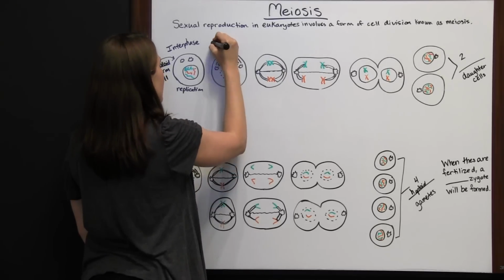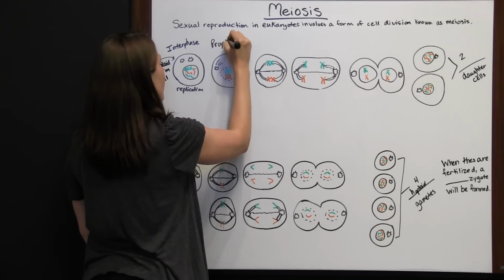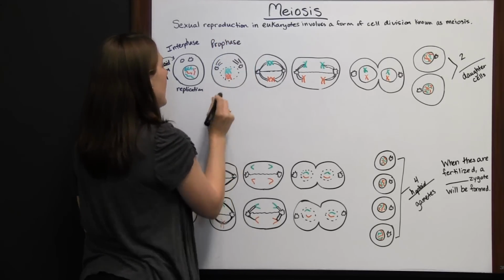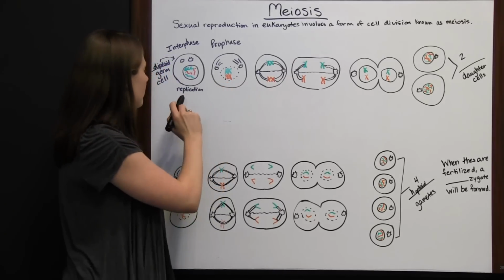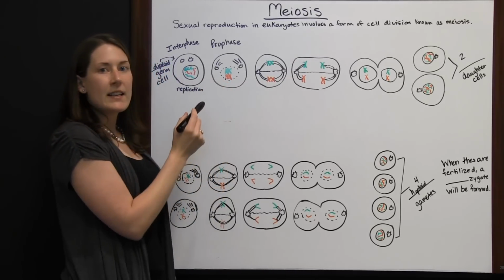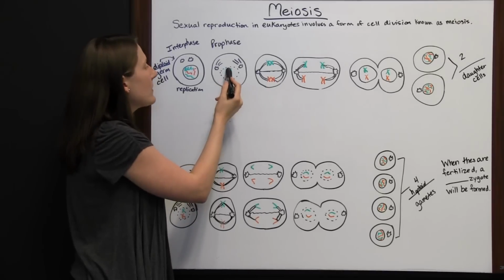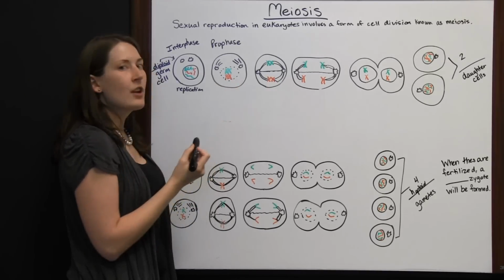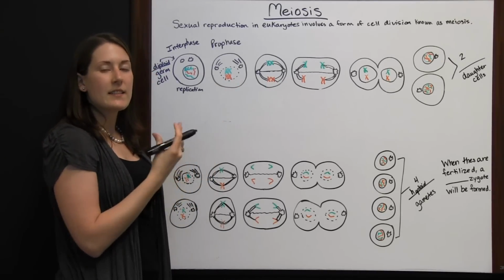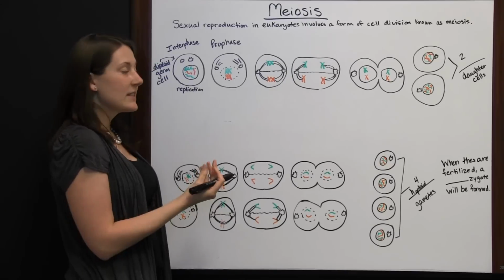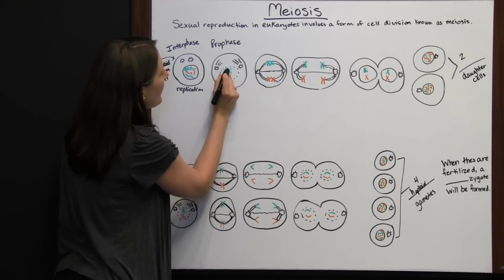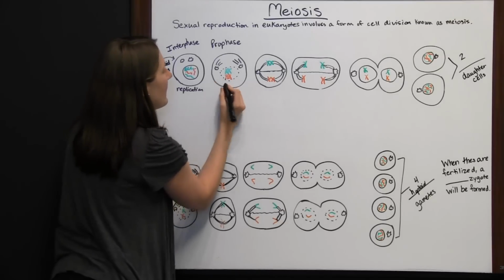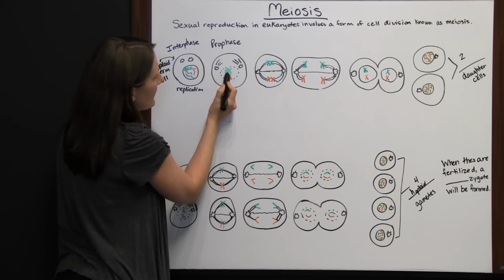In the next phase, we have prophase. And the replicated genetic material is going to line up in homologous pairs, which means that each one is the same genetic material. It's an exact copy. And they're going to cross over a little bit at these points here.